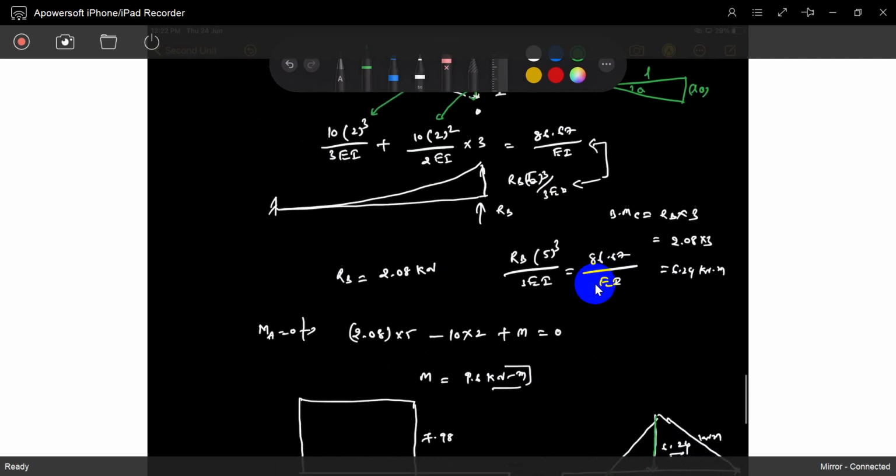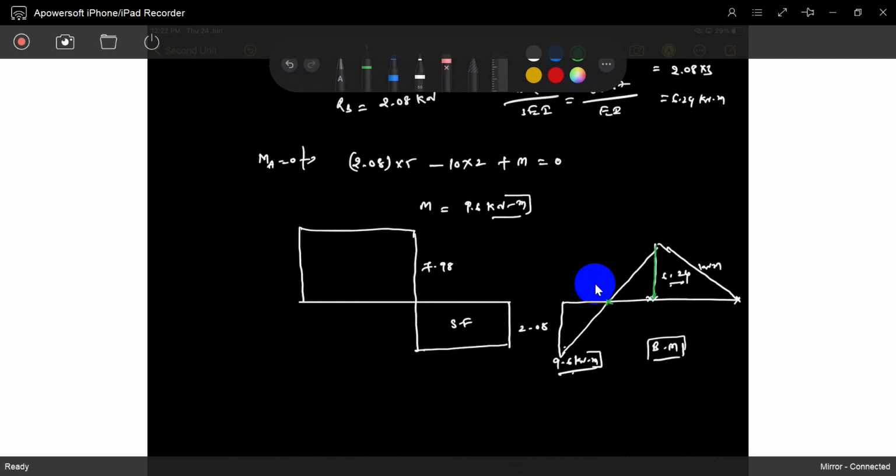But the conjugate beam method is too difficult, because the conjugate beam again becomes a redundant structure. You can't solve it or find the reactions. So there is no chance with the conjugate beam method. Only one method is available, that is the area moment method.